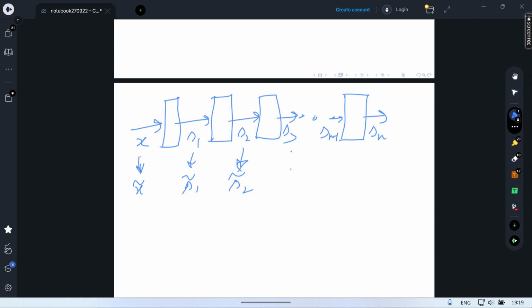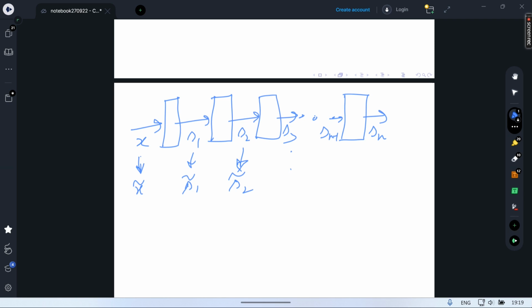Because just think, in classical machine learning you have only one layer, so you normalize the input to that layer. But in deep learning you have many layers and there are different inputs to each of the layers.